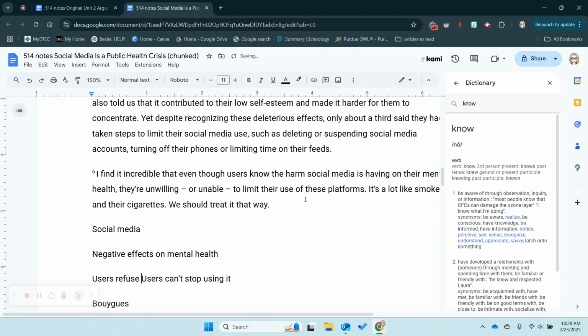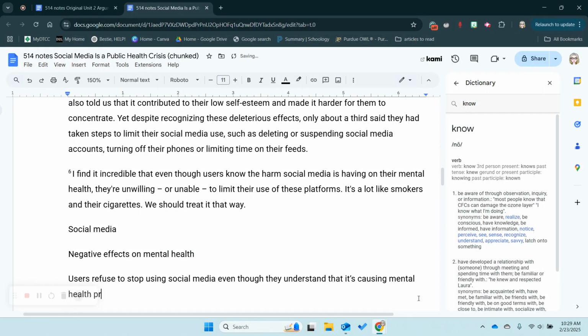Users refuse to stop using social media even though they understand that its deleterious effects, that it's harmful, that it's causing mental health problems.